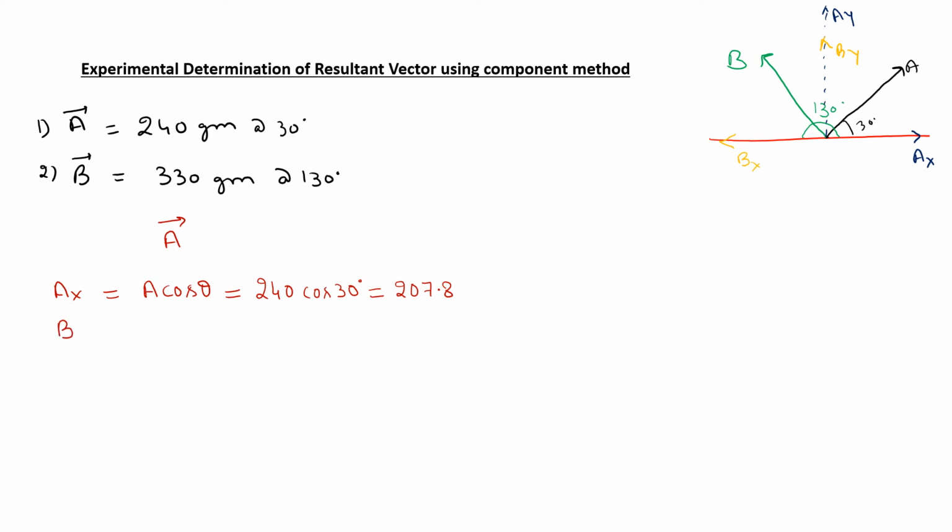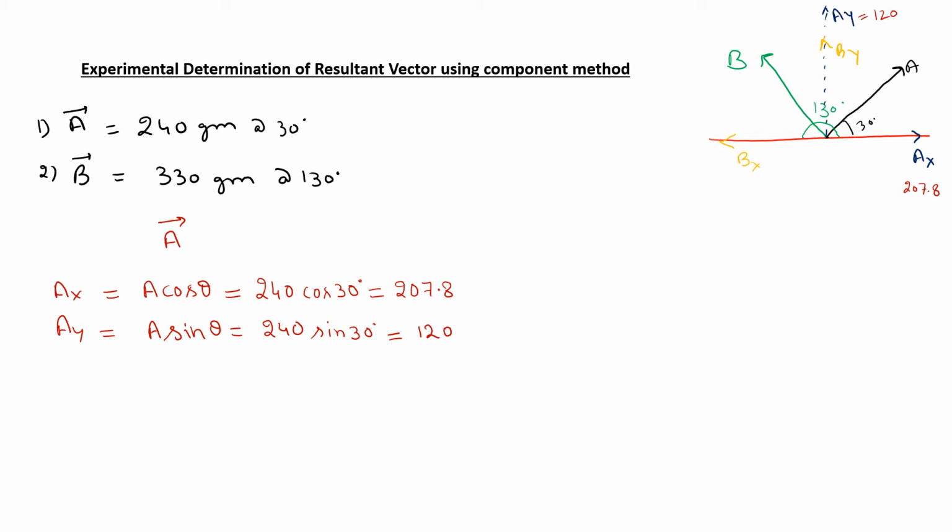When we want to find the A of y component, A of y is going to be A sine theta, so 240 times sine of 30 degrees. When I calculate this, it comes out to be 120. So this value A of x is 207.8, and for A of y we have 120.